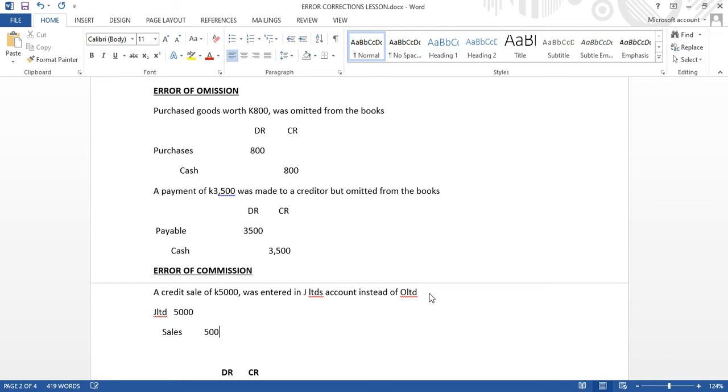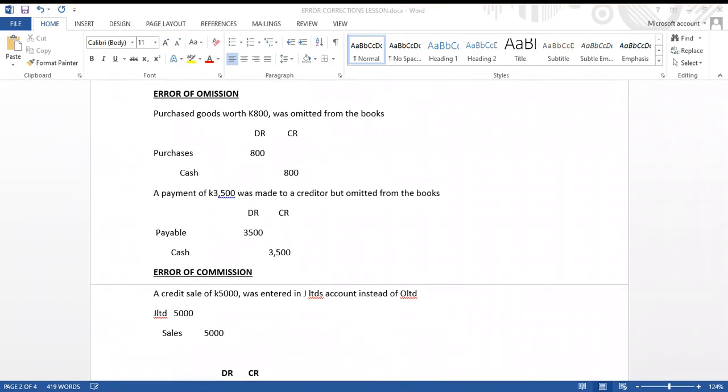So now it wasn't supposed to go to J Limited. It was supposed to go to O Limited. Let's use T accounts to illustrate this.